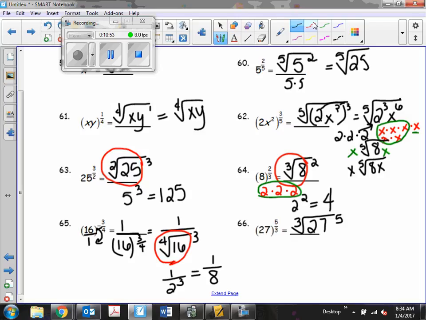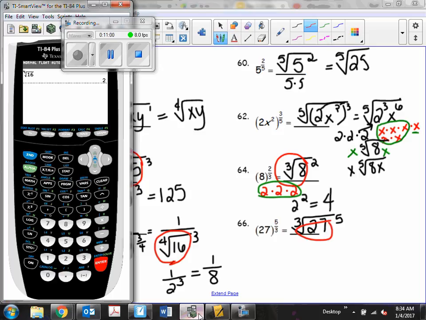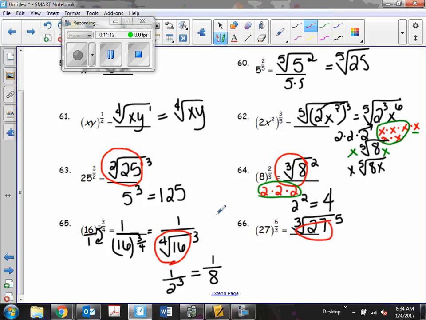Again, it is easier to do the radical first. So if I enter that into my calculator, just getting lots of practice doing this, I'd enter in 3, math, go to that number 5, and then enter in 27. So the cube root of 27 is 3.